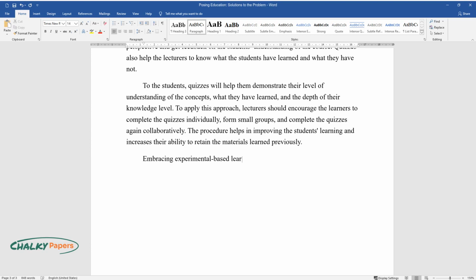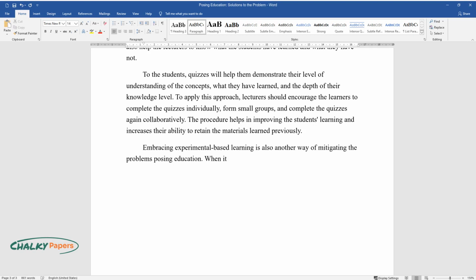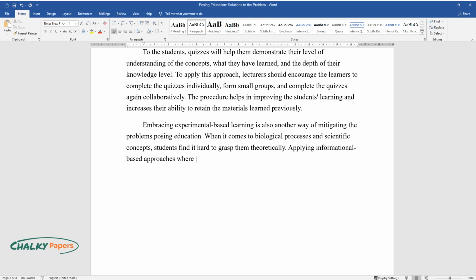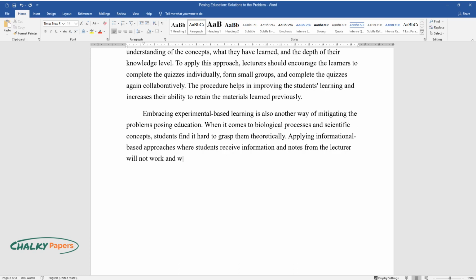Embracing experiment-based learning is also another way of mitigating the problems of problem-posing education. When it comes to biological processes and scientific concepts, students find it hard to grasp them theoretically. Applying information-based approaches where students receive information and notes from the lecturer will not work and will leave many students learning nothing.